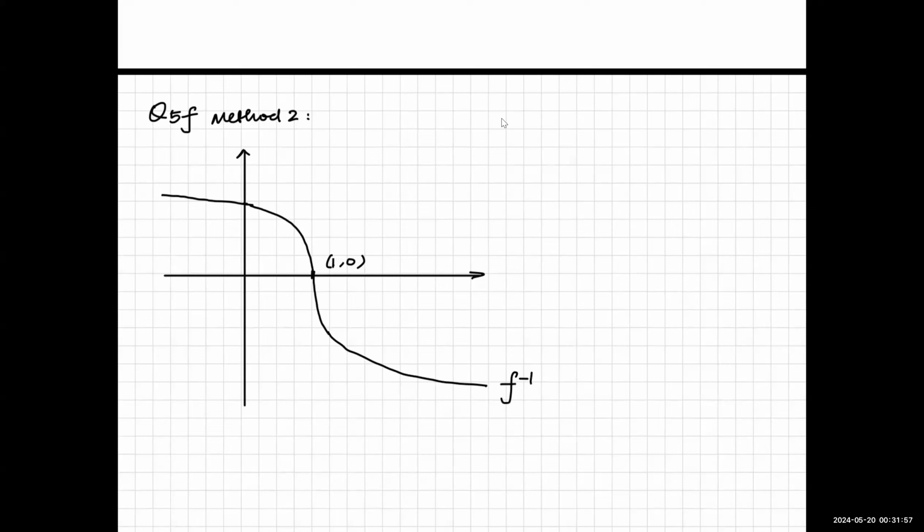I'll put a diagram here. So let's say this is 1, 0, and this is the inverse function, f inverse of x equals 1 minus x to the power 1/3, okay? And the tangent is drawn at this point.